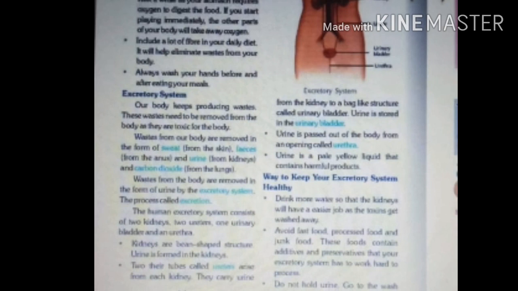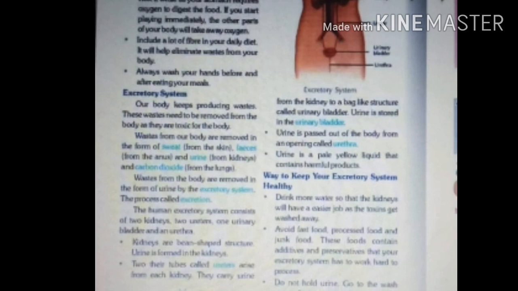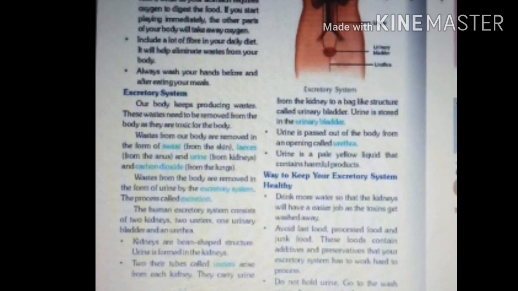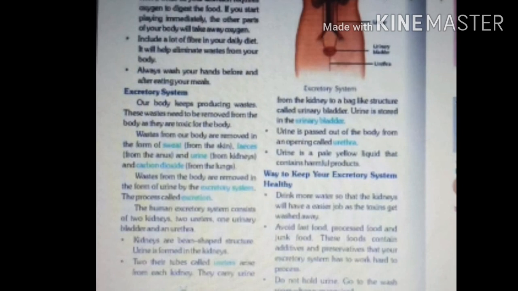So you should drink a lot of water. You should avoid fast food, processed food and junk food. These foods contain additives and preservatives that your excretory system has to work hard to process.